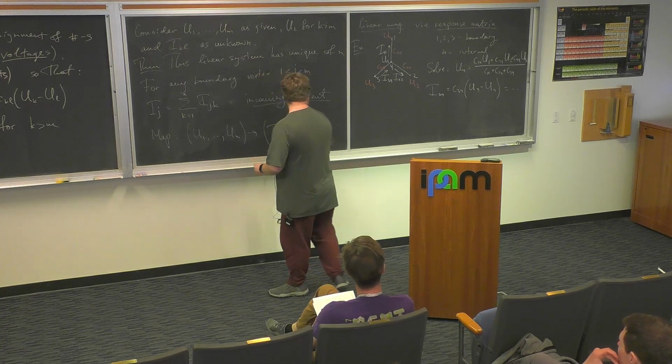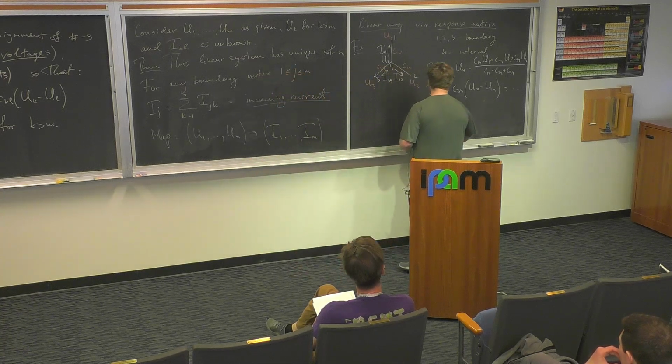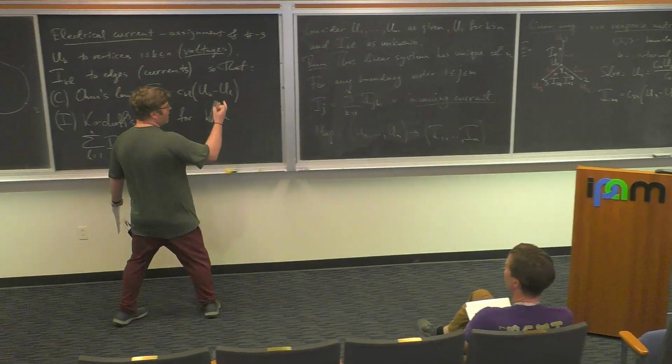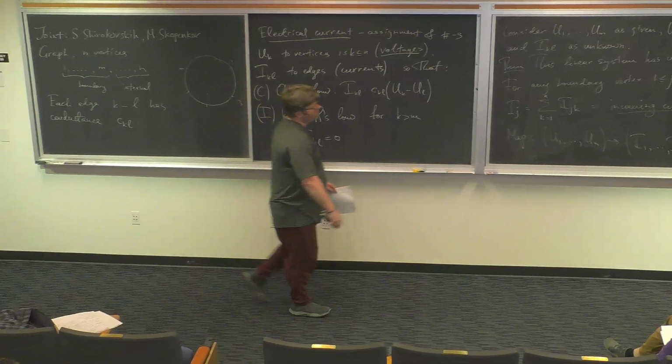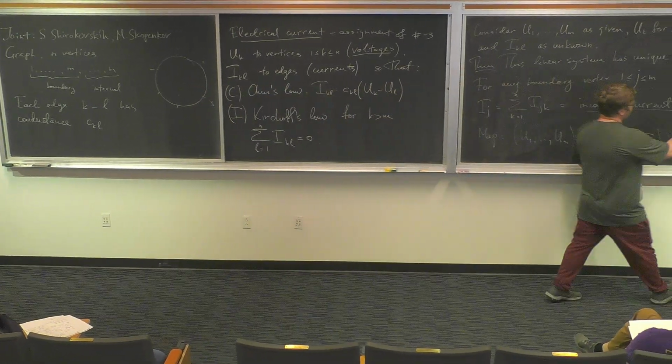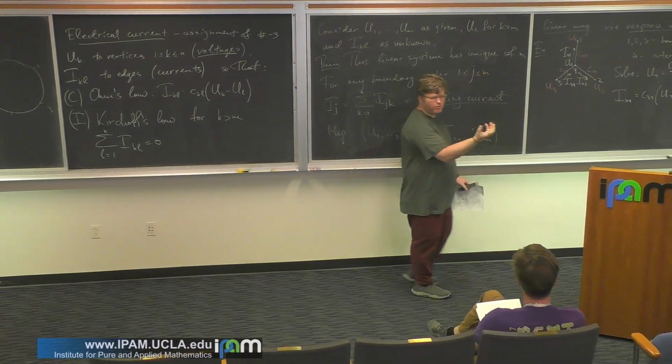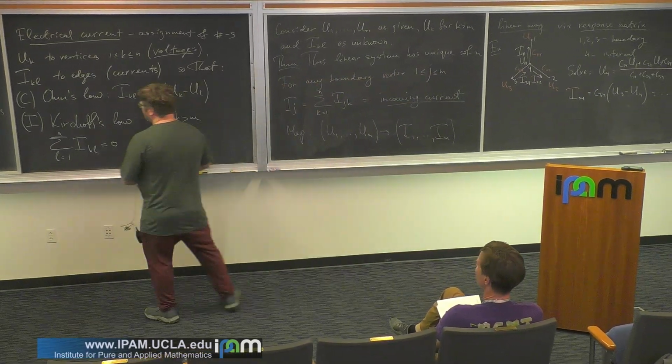And slightly more interesting is what is the response matrix in this case? Right, so again, it's a linear map which takes the vector U1, U2, U3 to the vector which is, I guess in this case, still just those three currents over there. Right? So once you measure through the boundary points.